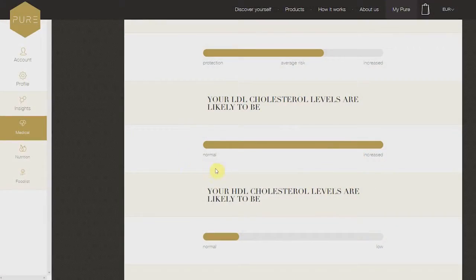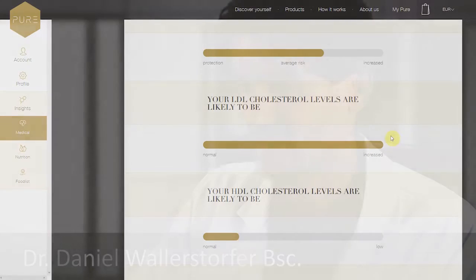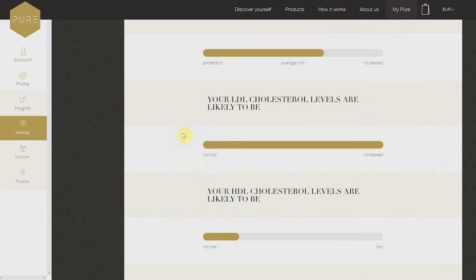And the genetic profile of this example, of this person, shows that the LDL cholesterol levels are likely to be increased due to this person's genetic profile. And you can check your own results. If you're up here, it means also your genes predispose you to very high LDL cholesterol levels, and you might find that in a blood test. And it's important to counteract this genetic predisposition. Or you might be down here in the normal level, in which case it's more likely to be normal.